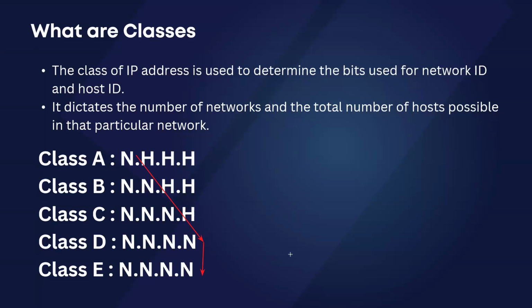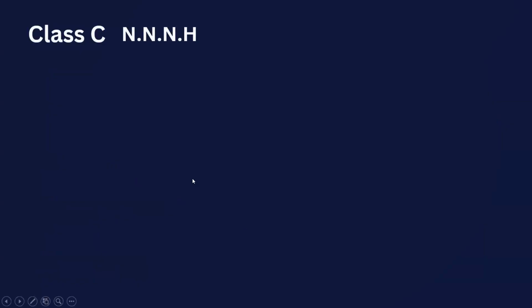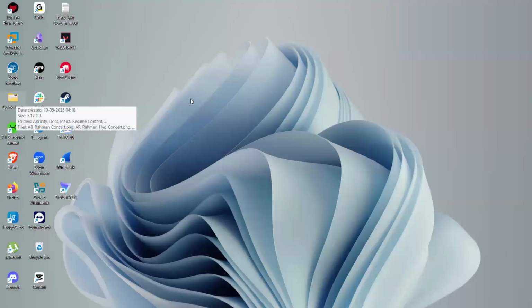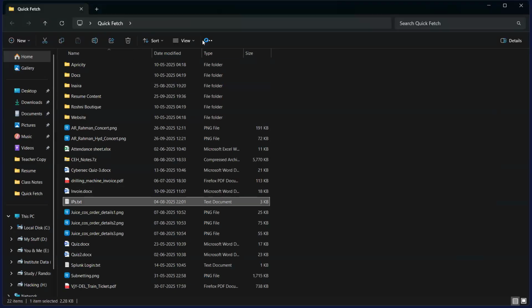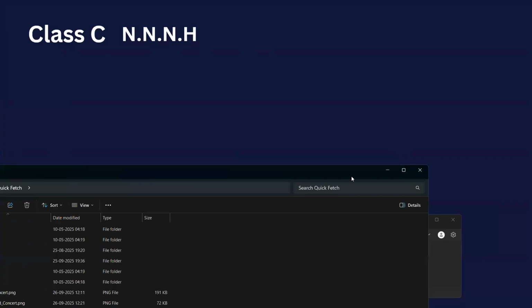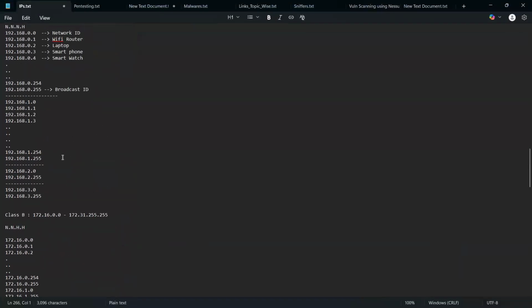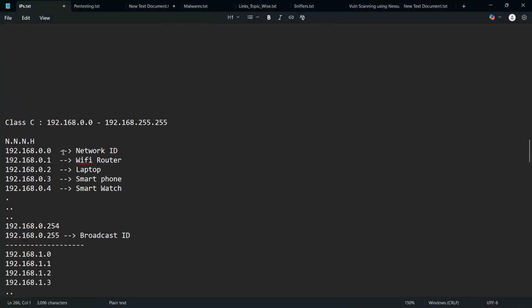To understand this, let's take the example of class C first. Okay. So your class C has 3 network portions and 1 host portion in it. Okay. Now, if we remember the private IP address range for class C, if I open up my notepad file again, here, just a second. Yeah. So we all know class C starts at 192.168.0.0.